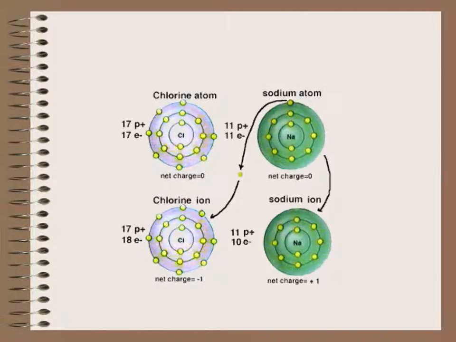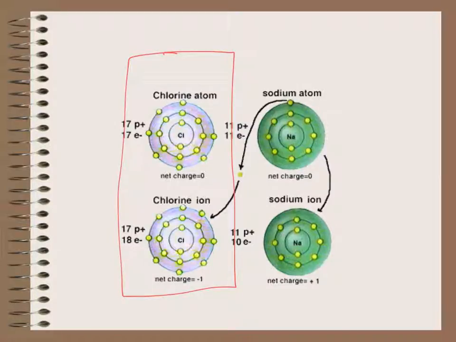Okay, so here's a little visual of how ions are formed. We're taking a look at the chlorine atom as well as the sodium atom. The chlorine atom normally has 17 protons and 17 electrons. Now, because the chlorine atom gets an extra electron, it becomes a negative chlorine ion.